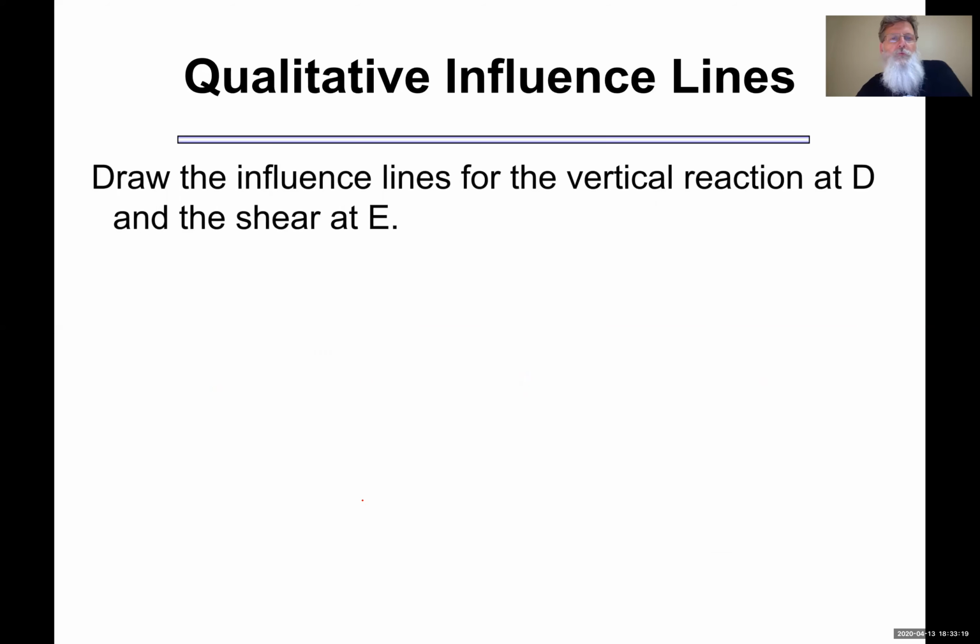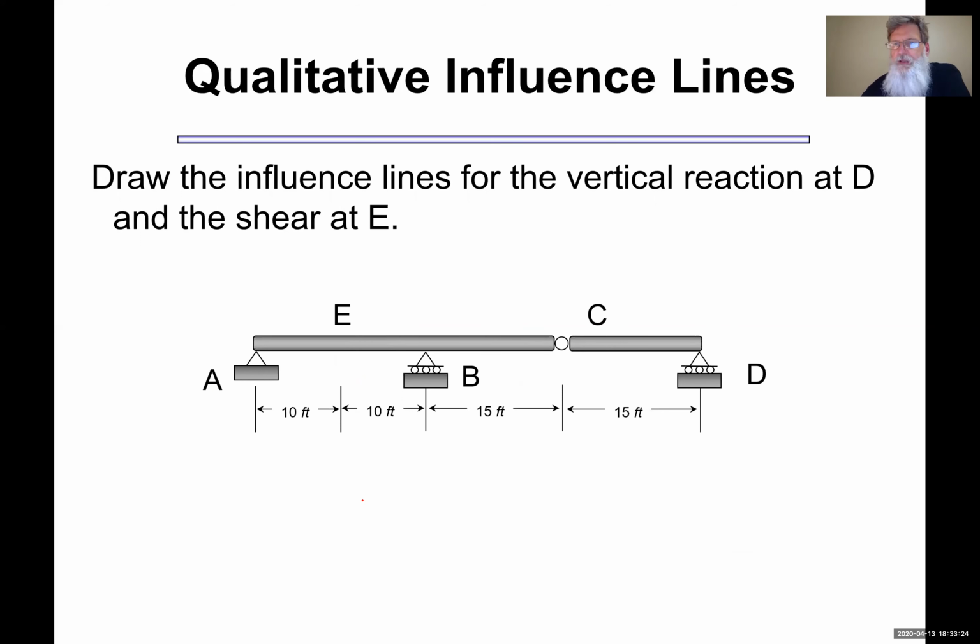All right, so how about the vertical reaction at D and the shear at C? So this is the first time we actually have numbers. So we'll actually be able to put values on our graph. So let's start with the reaction at D. So just like before, I'm going to remove the D support, apply Dy. Is that point going to move up or down?